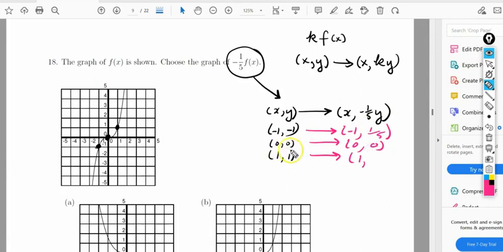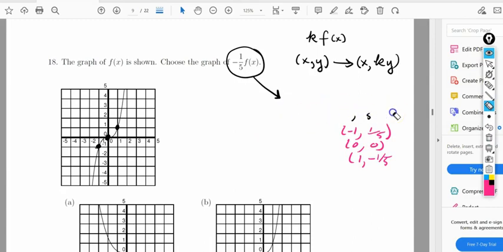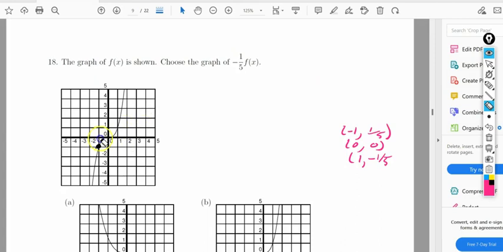And -1/5 times 1 is going to be -1/5. So what I've done in red, those are going to be my new points. And those points have to be on the graph of the function that we've been asked for.